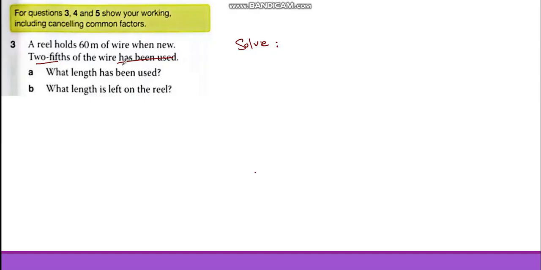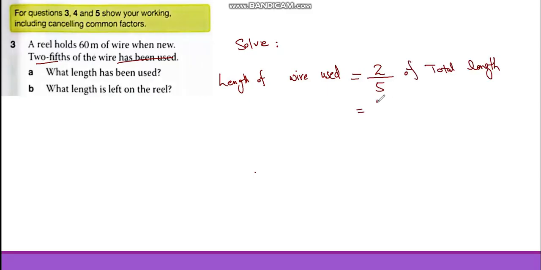The length of wire used is equal to 2/5 of the total length, and we know the total length is 60 meters. So we write 2/5 of 60, that is 2/5 times 60. If we multiply 2 with 60 and divide by 5, we get 24 meters. It means 24 meters of the wire has been used.